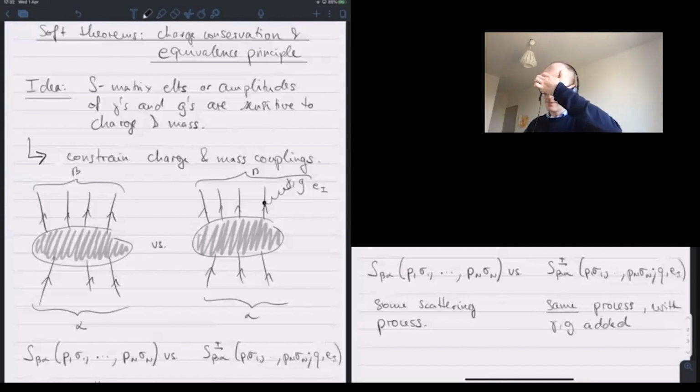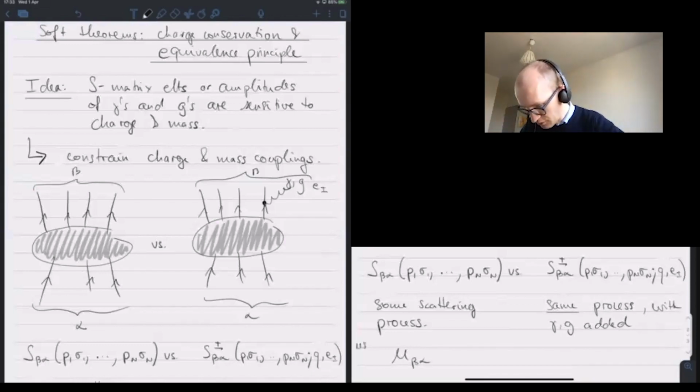And because we've been talking about the S-matrix, it's also practical to just talk about the amplitude, which is essentially the S-matrix but with the overall momentum-conserving delta function removed.